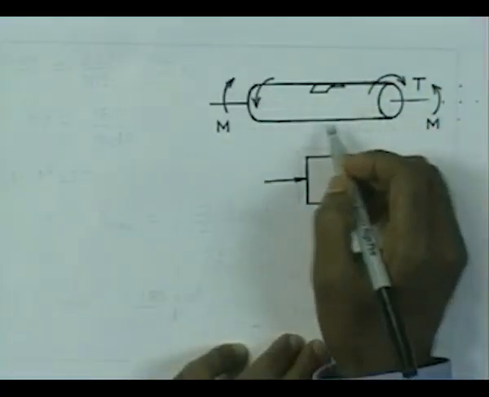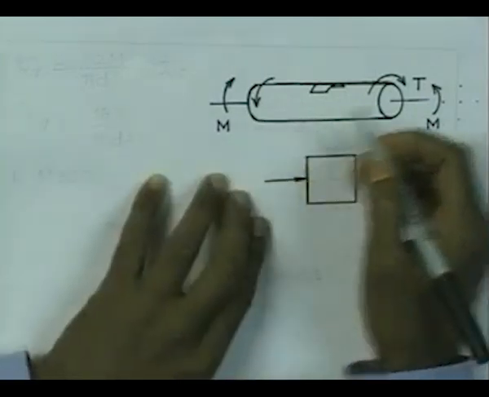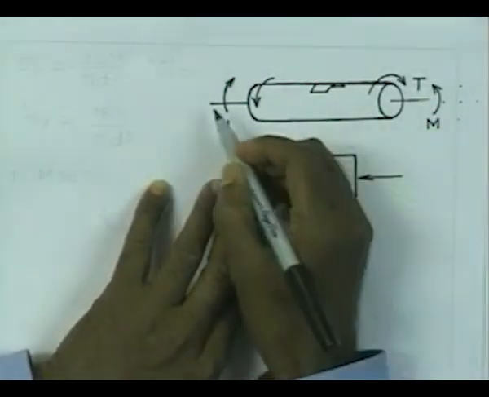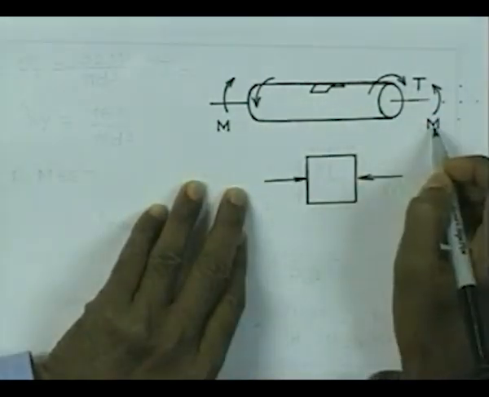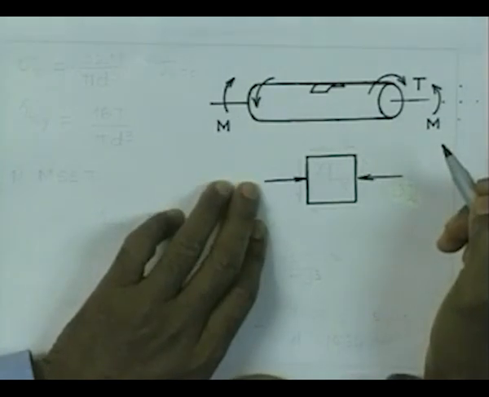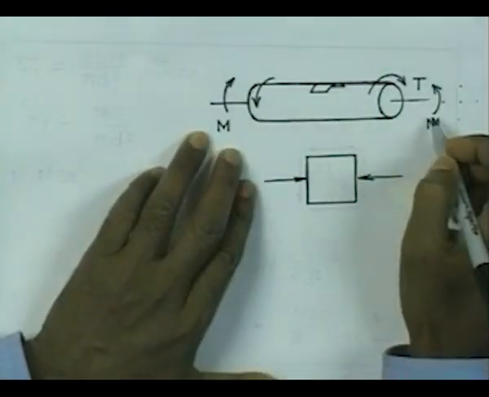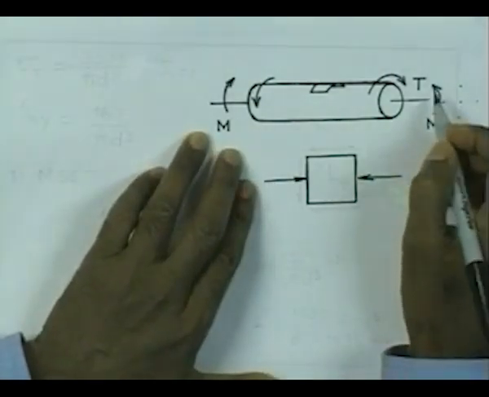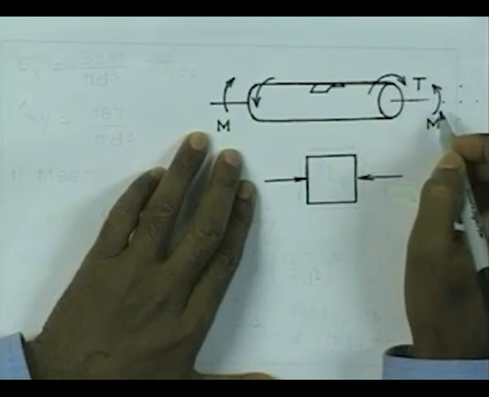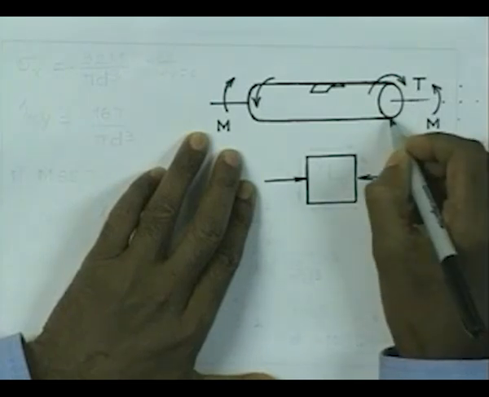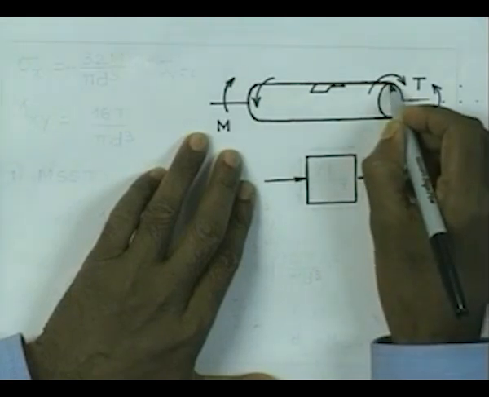Look into the component. If we draw the component schematically here, this is the shaft. It is subjected to twisting moment and also it is subjected to bending moment. You remember that when we apply the bending moment, with this type of bending moment applied on the shaft, you are going to have tensile stresses at the 6 o'clock position and compressive stresses at the 12 o'clock position.